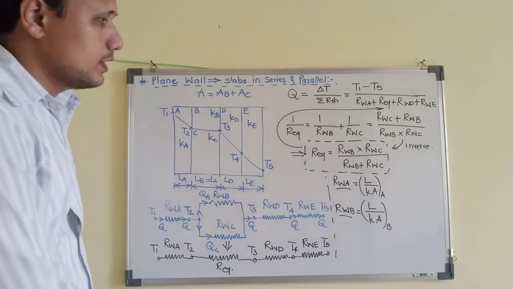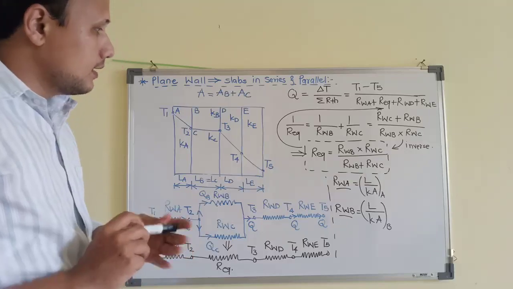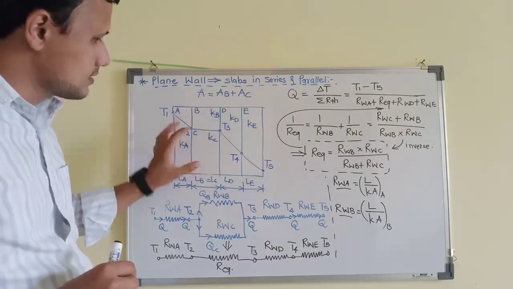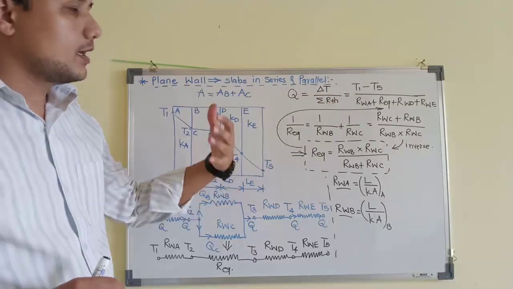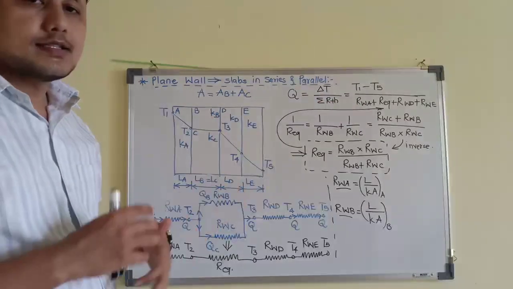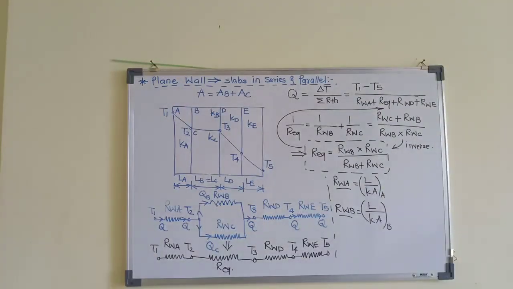That's the beauty of the electrical analogy, about which we are talking again and again: it helps us reduce such a complicated system into such a simple system of equations, so that our answers become reliable as well as come at a faster rate. Thank you very much.